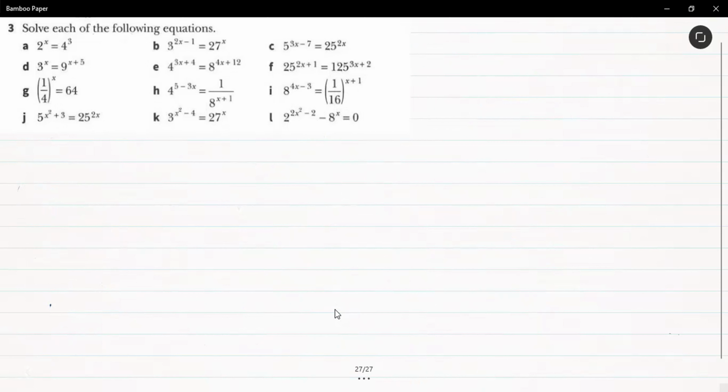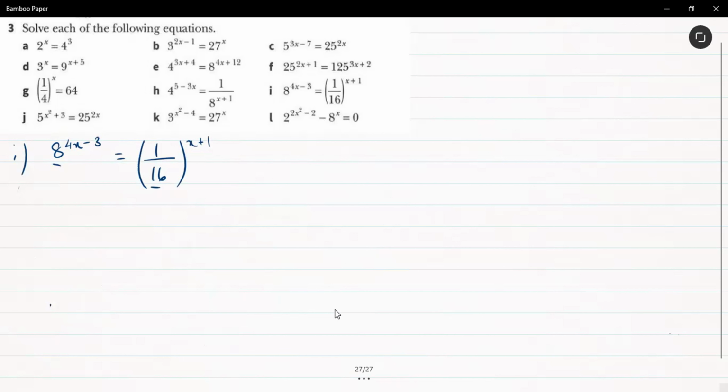Okay, so for part I, we have 8 to the power 4x minus 3 is equal to 1 over 16 raised to the power x plus 1. Now, just real quick, simplify this in terms of the power of 2, because we know both 8 and 16 are powers of 2.